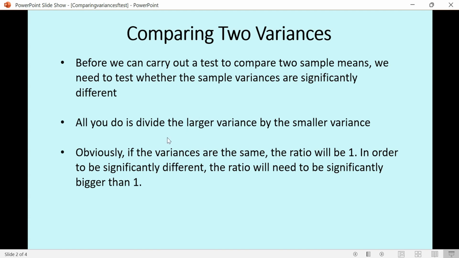If we want to test whether the variances are different for the two samples, we have to divide the larger variance by the smaller variance. If the ratio of the two variances is much larger than 1, we can confidently say that the two variances are not the same, right?